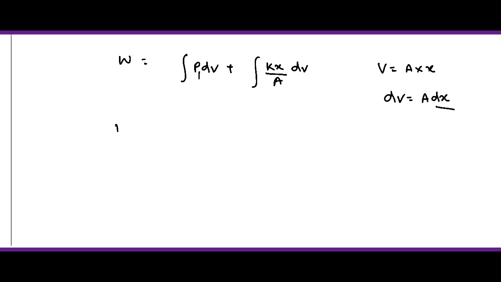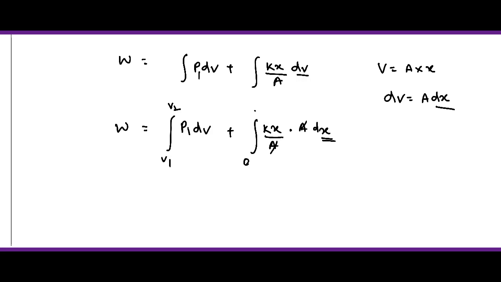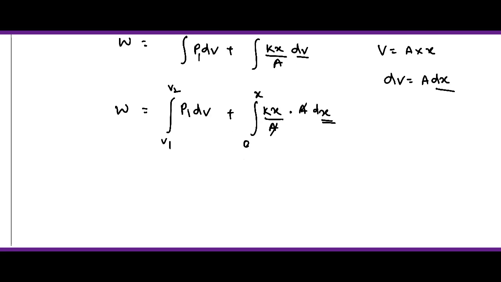Okay, so I'm going to put this as P1 dV from V1 to V2 plus Kx upon A, and in place of dV I am going to write A dx. A to A cancels. Now this is the integration with respect to X, so putting the limit in X, 0 to X.